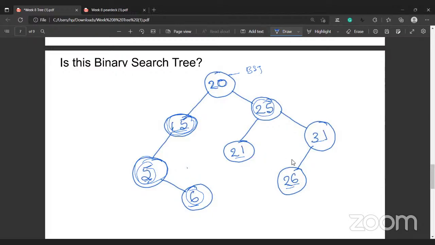We can say that this node also satisfies the BST condition. Like this, we have to check that all the nodes satisfy the BST condition. If they do, then we can say that this is a binary search tree. So yes, 31 and 26 also satisfy the BST condition, so this is a binary search tree.